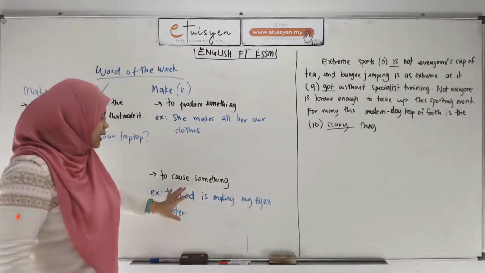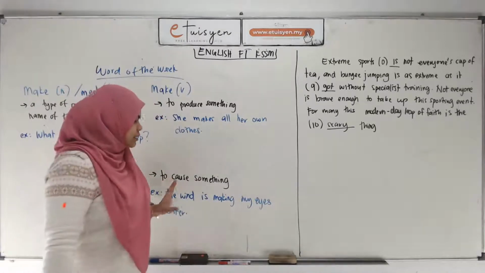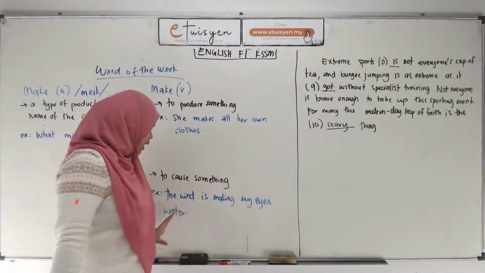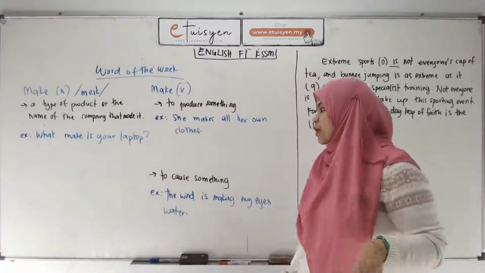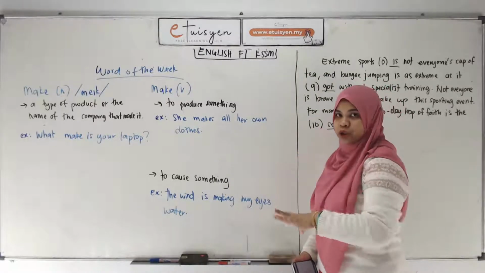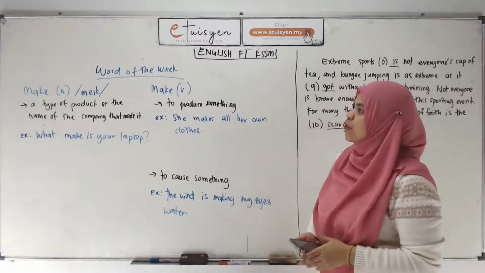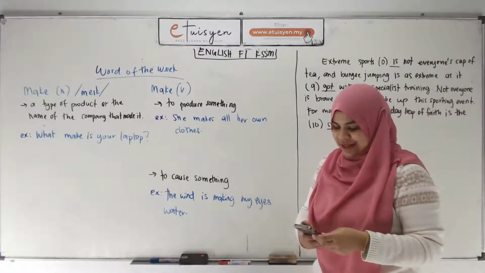So maksudnya dekat sini angin buatkan mata saya berair. Okay, so dia yang cause, it causing my eyes to berair. Okay, so that's what this second makna of make is used in a sentence. Okay, so now you have 3 ways on how to use perkataan make.